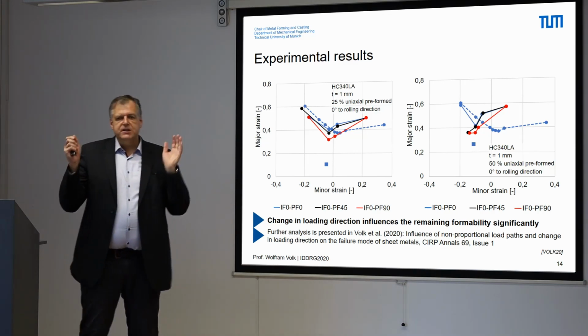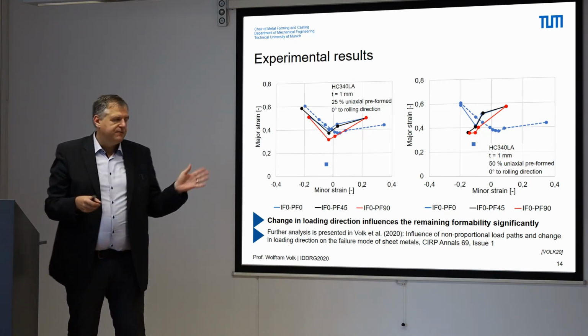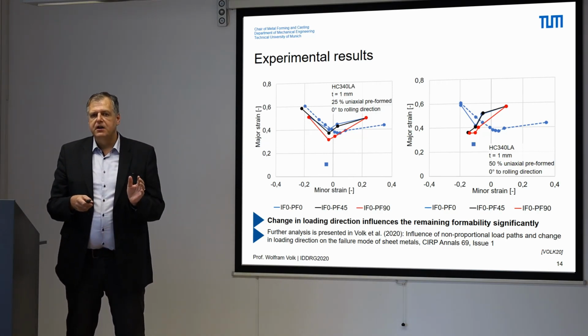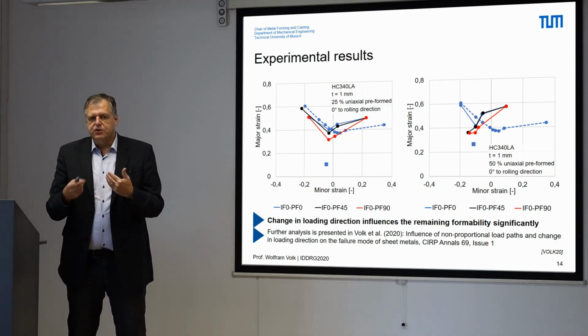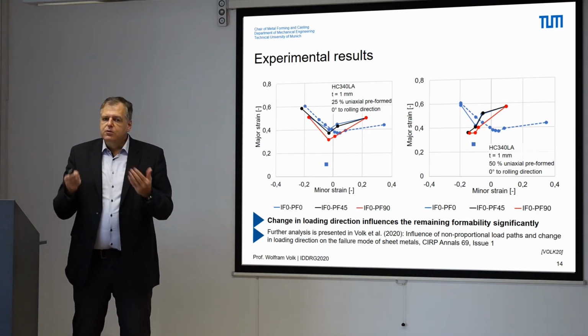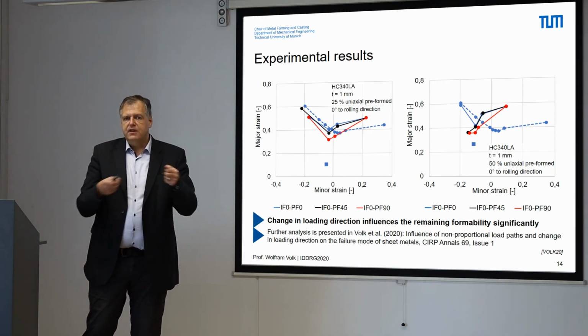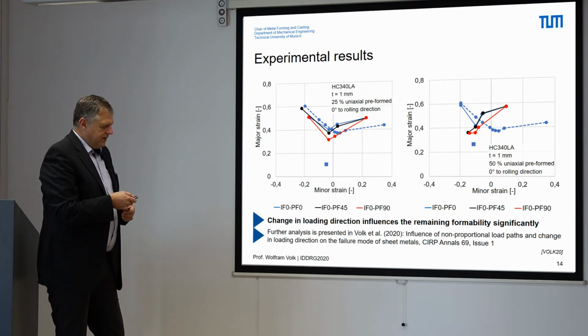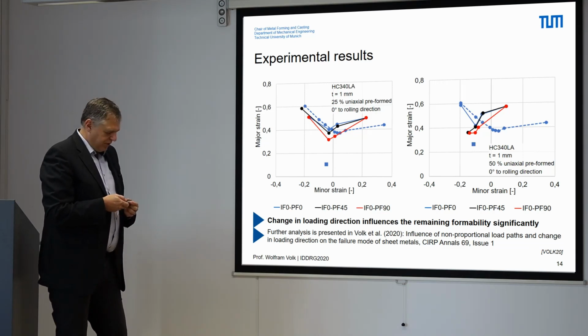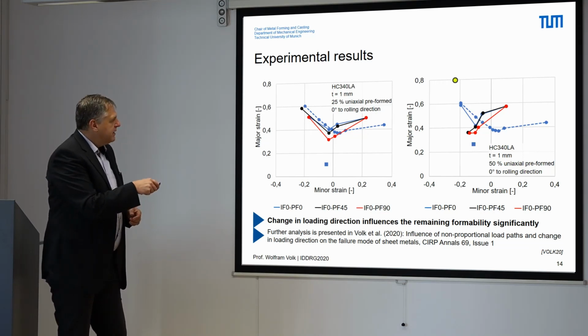So all stress-based models definitely can't predict such a behavior, because the stress state itself is not changing. It's still uniaxial tension, only with 0 or with 90 degrees. But the remaining formability and the prediction of limit strains are really a big difference.